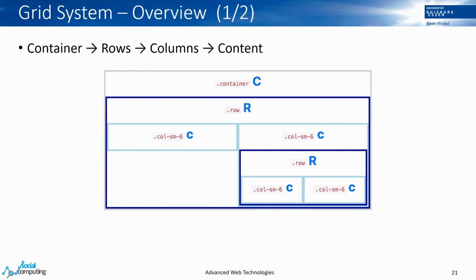For example, in this case, as you can see, we have one big row which has two columns, and in the column on the right there is another row which contains two more columns to separate it further. This way you can organize your content in terms of rows and columns, and then we will go into more detail on how this supports you in creating a very responsive application.